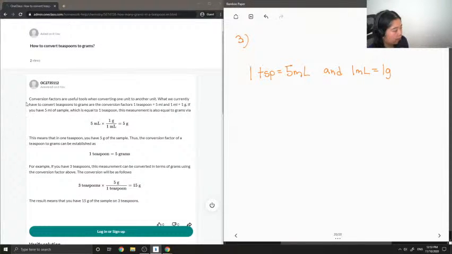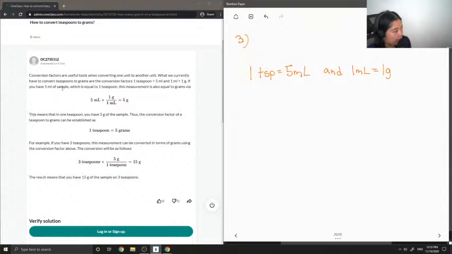So let's see what the junior tutor said. Conversion factors are useful tools when converting one unit to another unit. What we currently have to convert teaspoons to grams are the conversion factors: 1 teaspoon is equal to 5 mils, and 1 mil is equal to 1 gram.